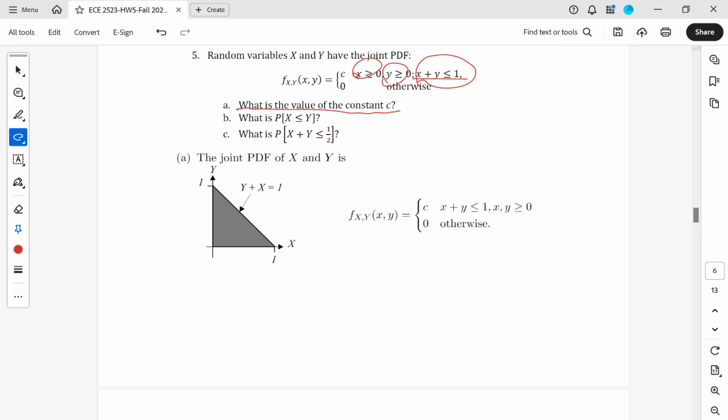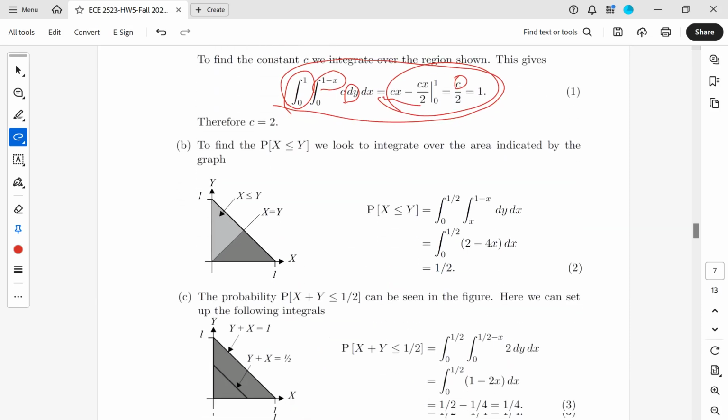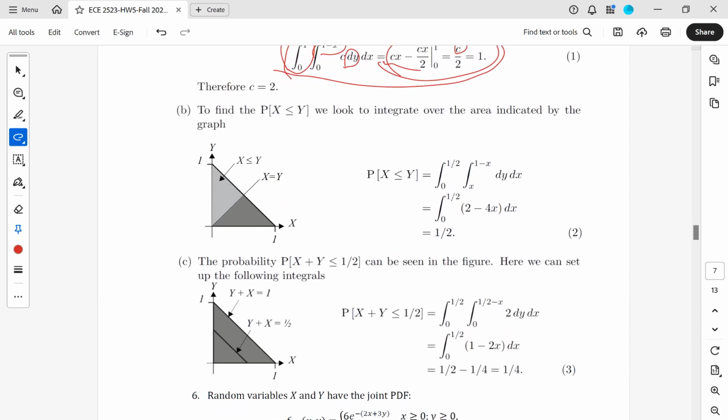No? Okay. The next part asks us for the probability of the event that y is higher than or equal to x. When we say the event that y is equal or higher than x, as before, when we wanted to calculate the probability of a certain interval, we have to add all the probabilities within that range.